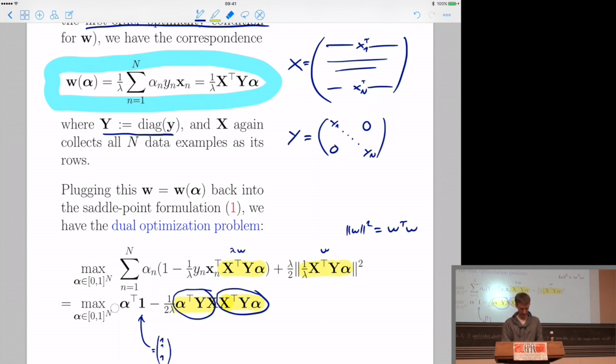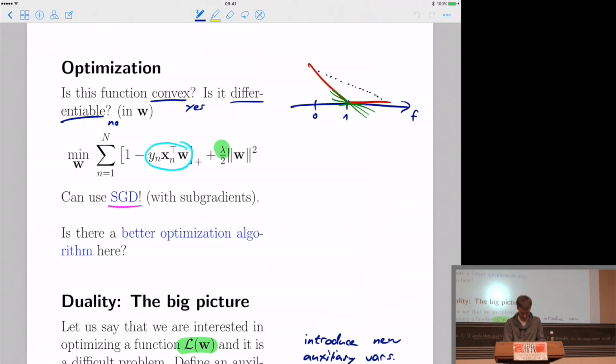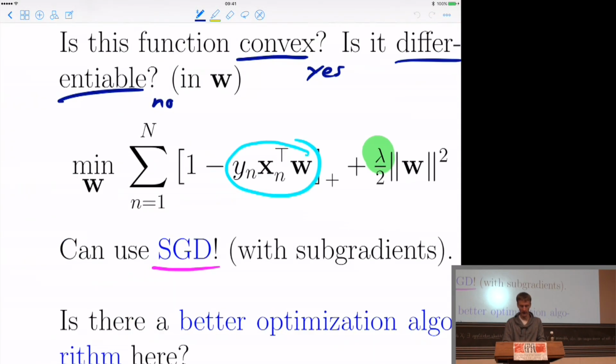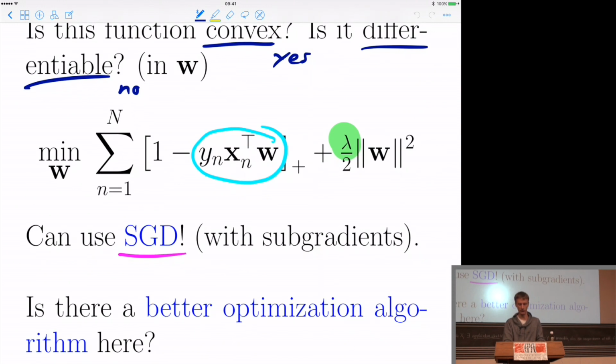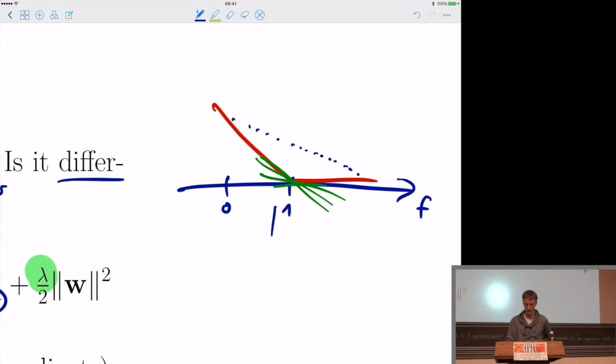There is a different aspect, which is this one here. That's different from before, because now we have a constraint. The alphas must lie in this box. So every alpha coordinate is restricted to between 0 and 1. If you compare to the original SVM problem, that was a bit different. There we had an unconstrained problem, right? Just minimize this thing over all W's. But it had this non-differentiable point, which you had here, right?